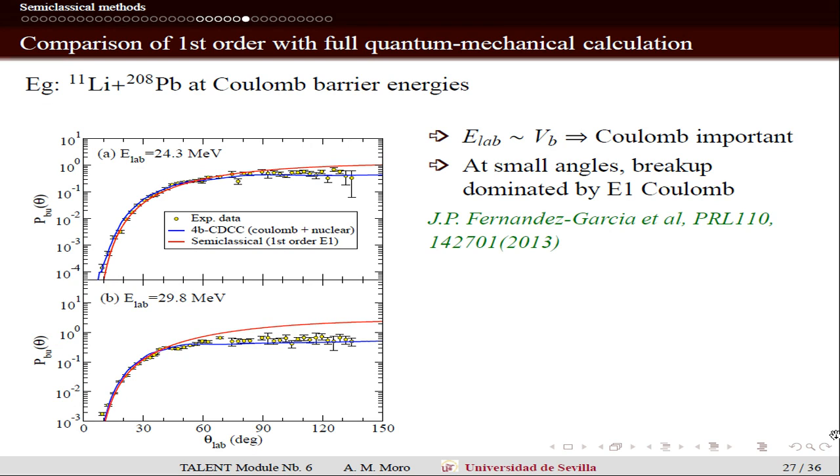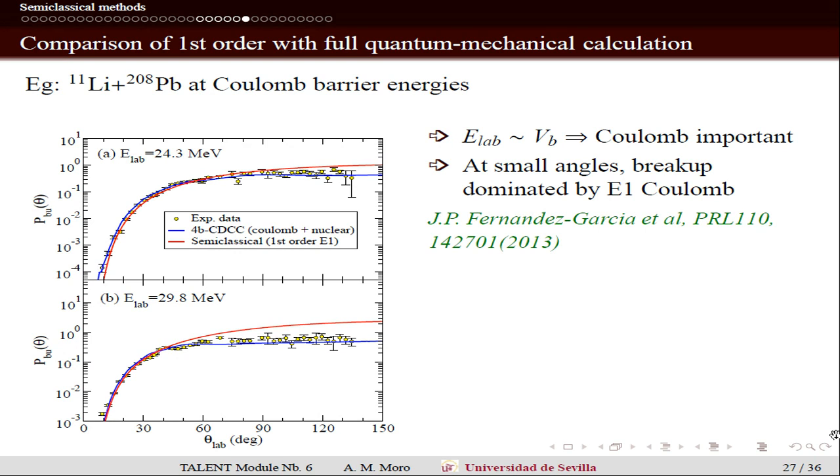And the red line is the semiclassical calculation obtained with this equivalent photon method. So remember, we say that we only trust this approximation at a small scattering angle.